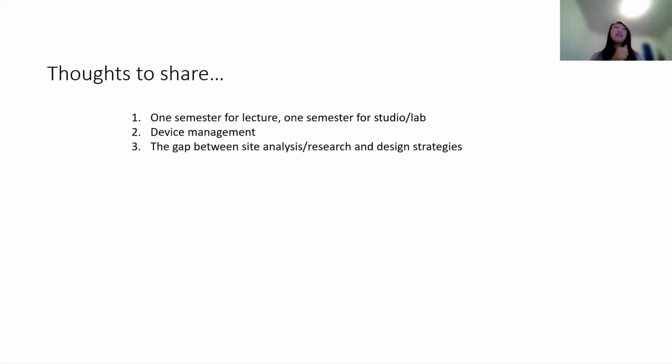And the third one is the gap between site analysis and research and design strategy. I think it doesn't only happen with this topic, but with other topics as well. Based on my observation, the Canva model is a very good one, and students see the differences when adding a tree, changing clothes, or doing different activities.